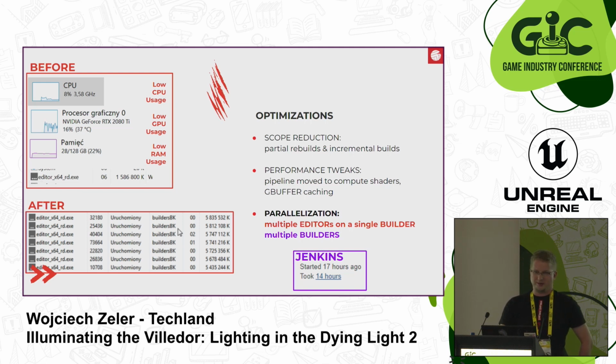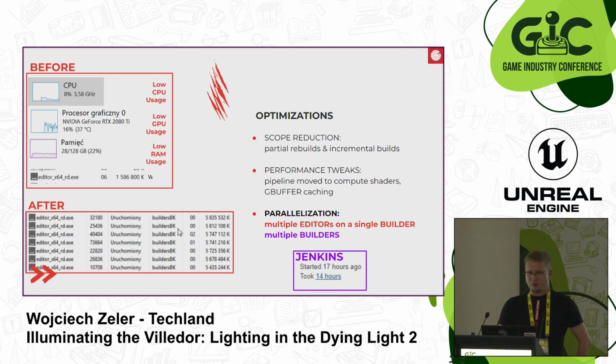Of course, we're wasting some memory because we're loading the same resources multiple times. Fortunately for us, memory was not a problem, but time. So finally, we had one builder loaded with work to do. So the next step was to add multiple builders support. We ended up with 10 builders and 80 workers working on the same map at the same time.